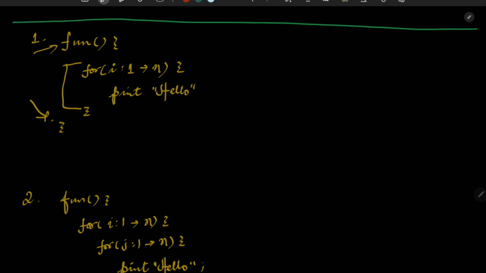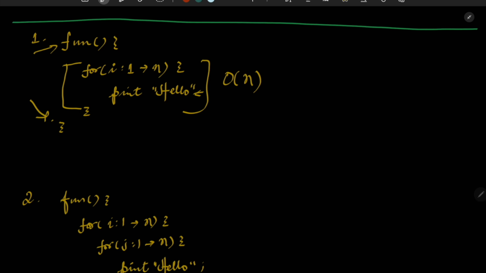So when we say that the for loop is going to run from i as 1 till n, in that case how many times is this thing going to be executed? Well, it's going to be executed n times. And inside the loop we are just printing hello. So this is something which is not dependent on anything, right?